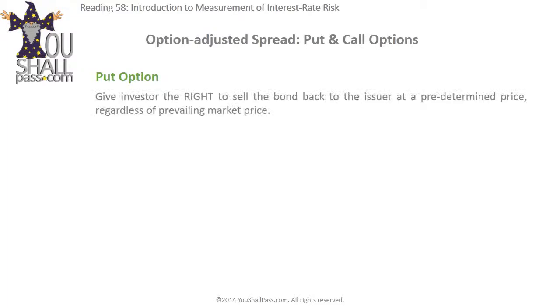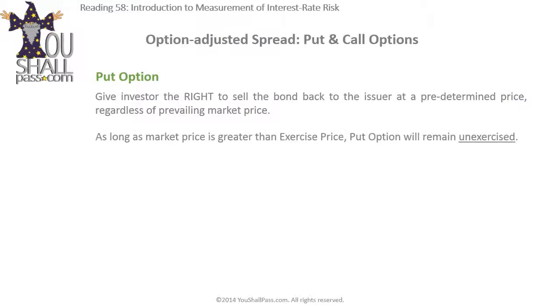These give investors the right to sell the bond back to the issuer at a predetermined price, regardless of the prevailing market price. It's not an obligation, but it's a right. So the investor has a choice. If, for instance, the bond can be sold back to the issuer at par or 100 cents to the dollar, the investor will hang on to the bond as long as the market price does not fall below 100.